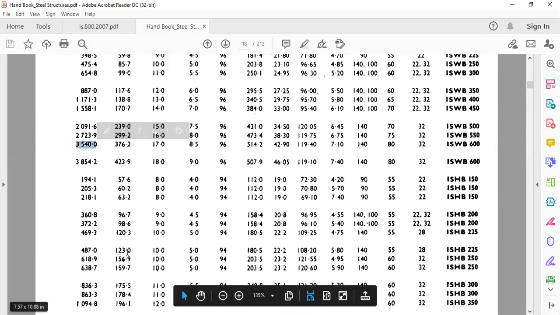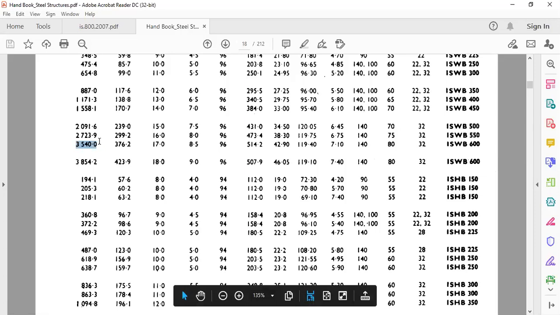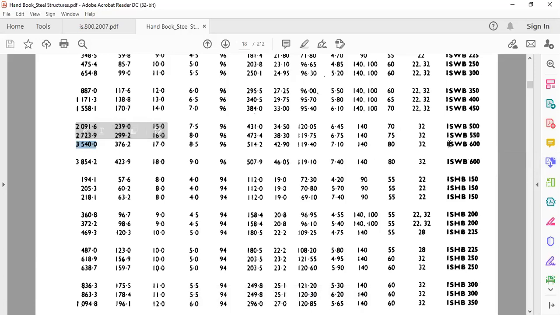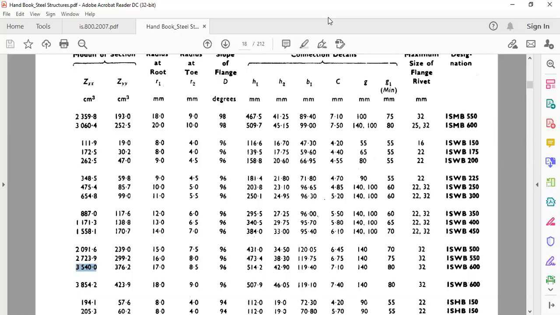Moreover, we have to choose some 25 to 50% more than that. So we multiply the answer of Zp by 1.25, so that it becomes 2929.68. So we can choose ISWB 600, so that the Zxx value becomes 3540 into 10 to the power 3 mm cube.